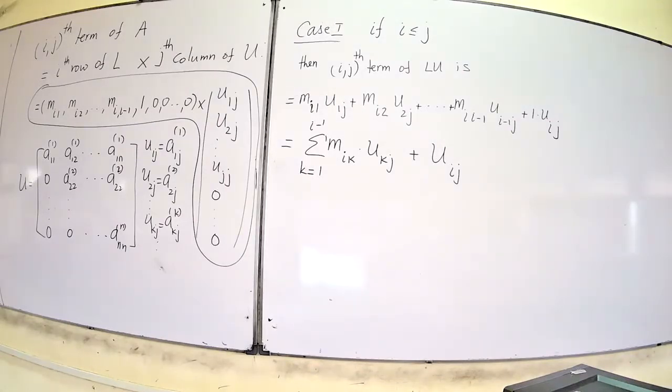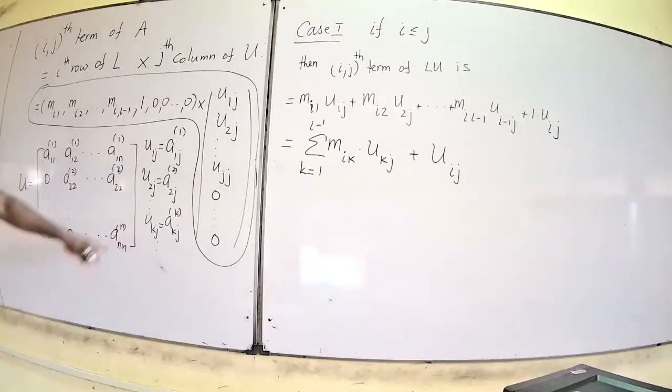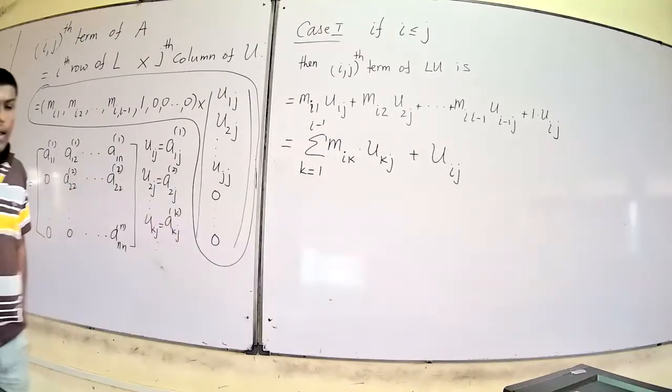Now according to the notation we use, ukj is equal to akjk.